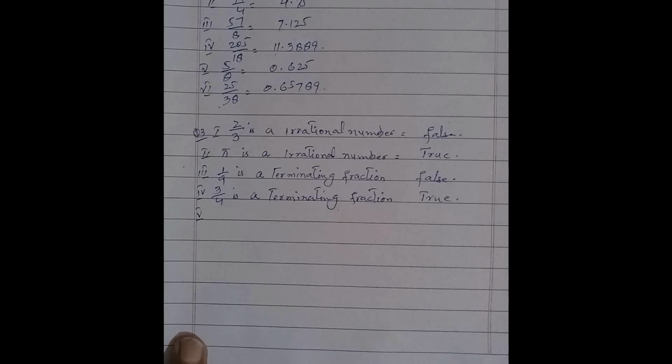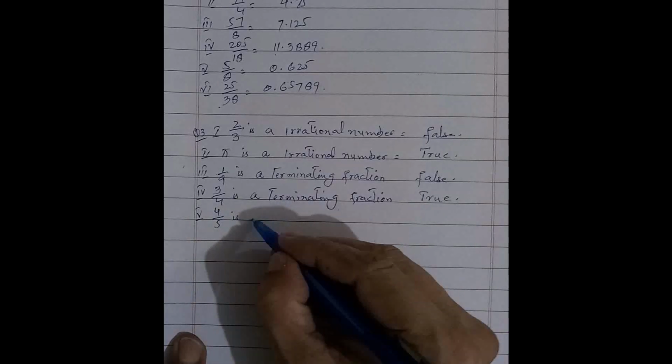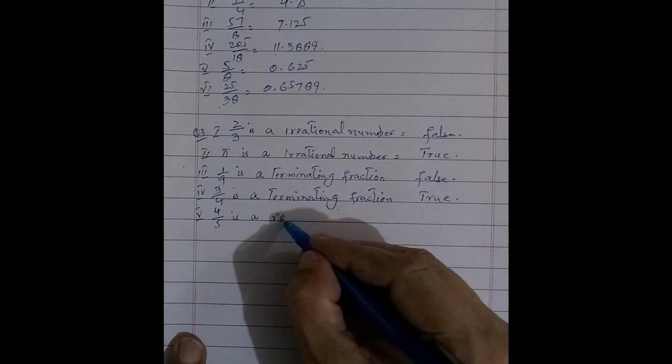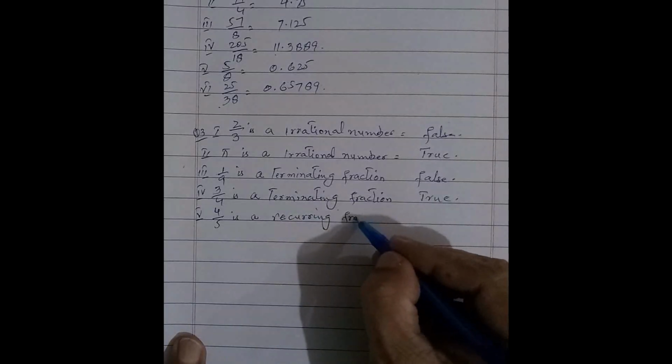And the fifth is: 4 over 5 is a recurring fraction.